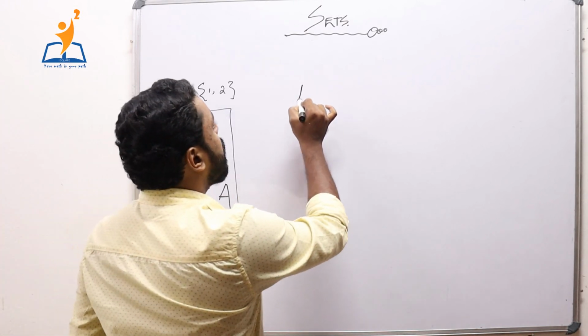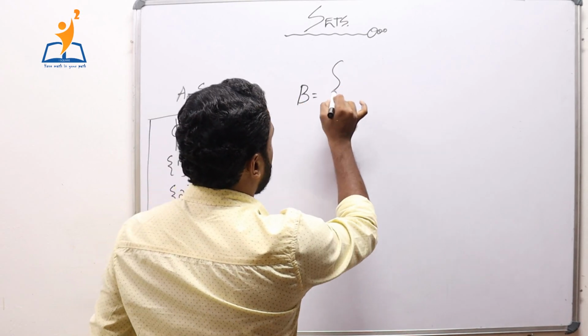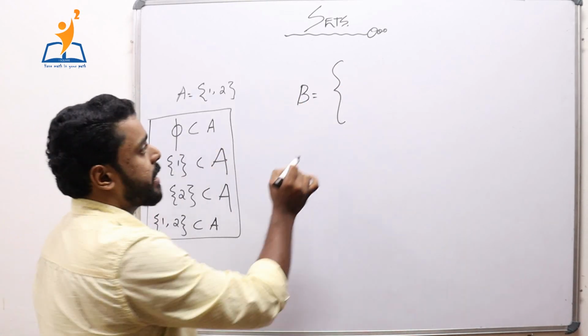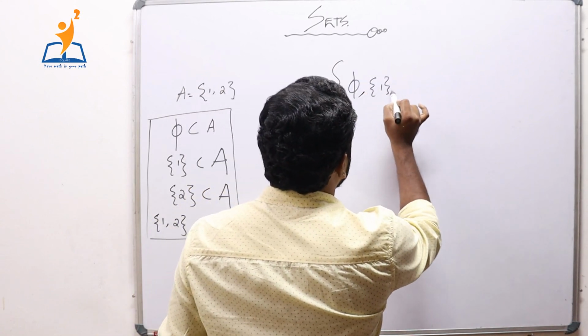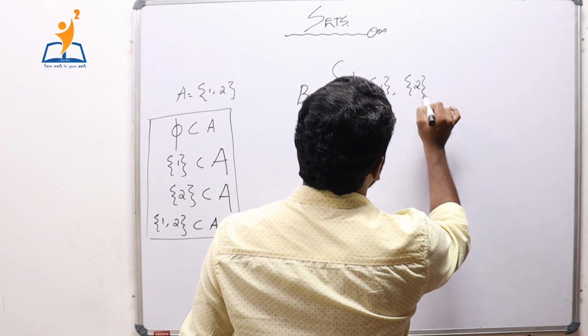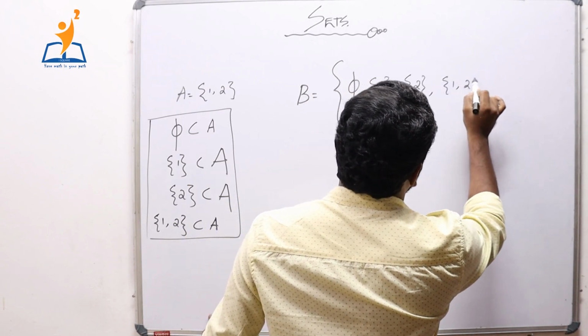That is, let B be the set which contains all these sets. That is, B contains phi, B contains {1}, B contains {2}, B contains {1, 2}.